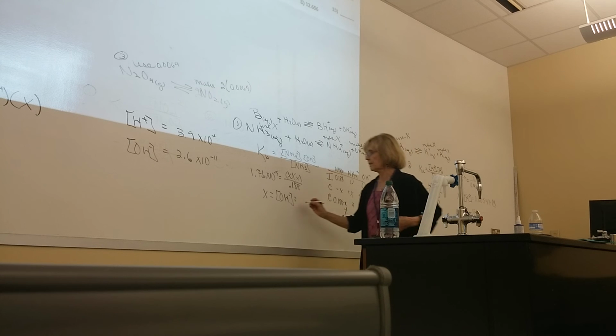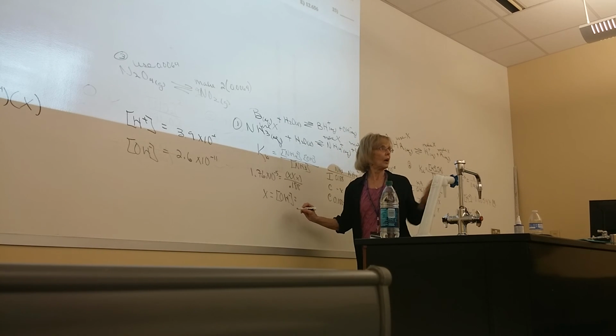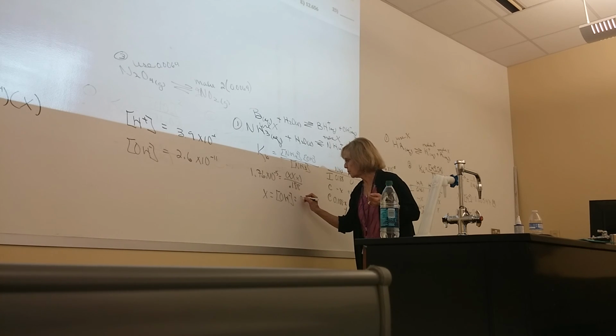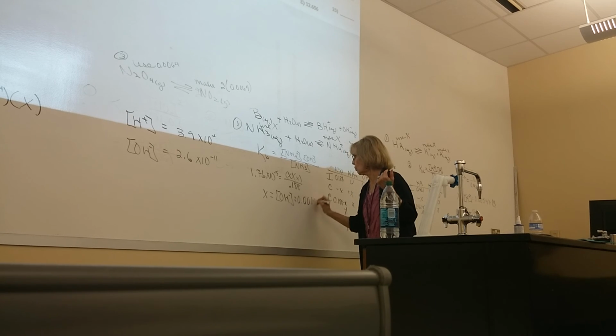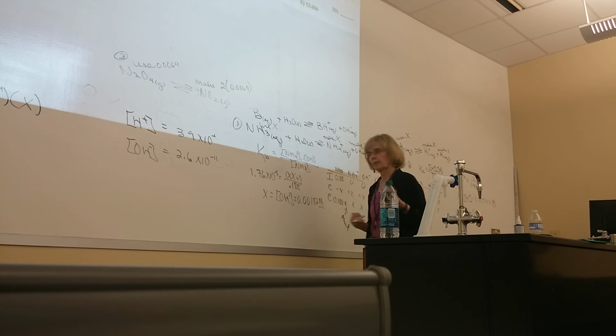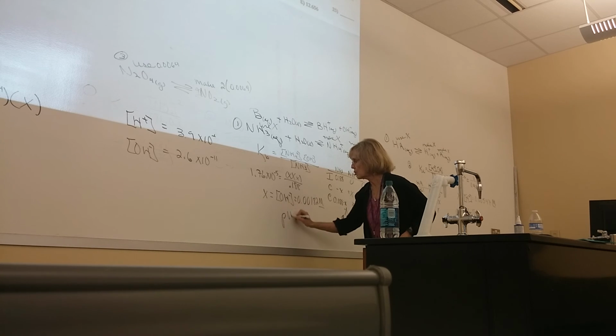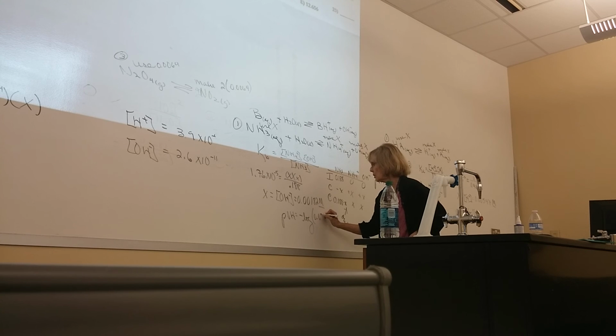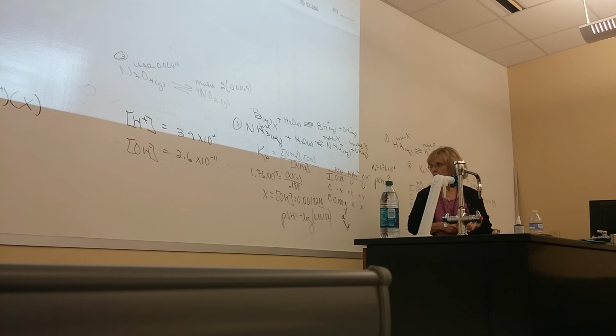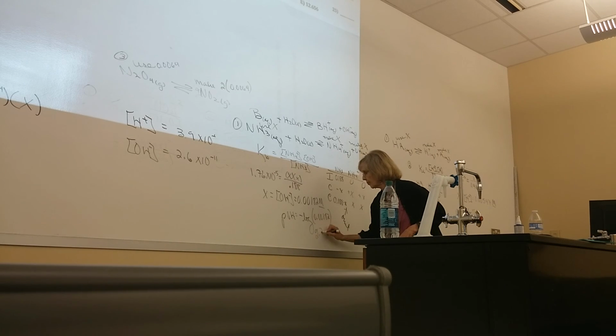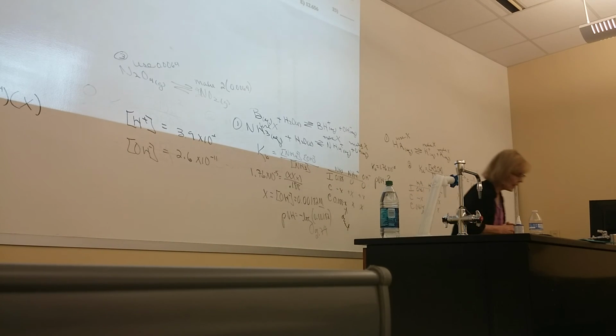Sherry, did you get a hydroxide? 0.00182 molar. Then pOH is going to be minus the log of this number, 2.74. And that is answer C, as in cat.